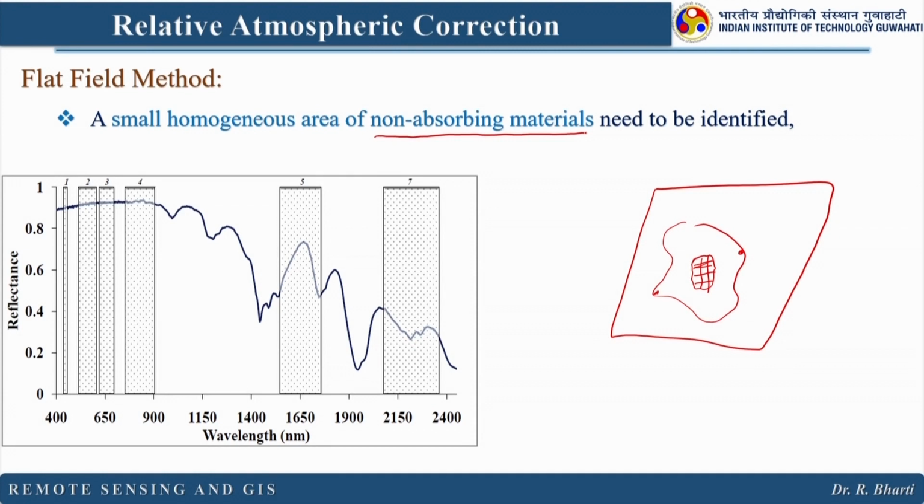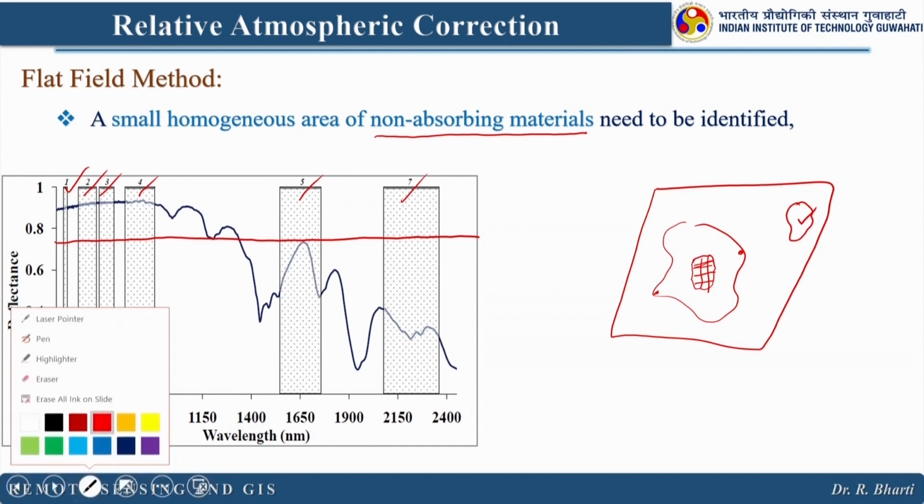If your sensor is sensitive in all these bands 1, 2, 3, 4, 5, 6, then you need to identify which material does not have any absorption feature in all these bands. So, you will identify material X, which may be located here, and then use it in the calculation.